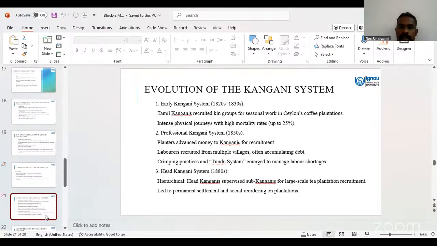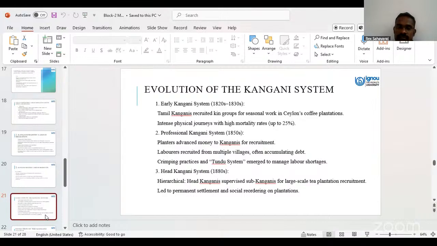colonial territories, right? So the evolution of the Kangani system: Tamil Kanganis recruited kin groups for seasonal work in Ceylon and coffee plantations. I still remember in my village, people come from Malaysia buying good kinds of tape recorders, audio cassettes or something like that.